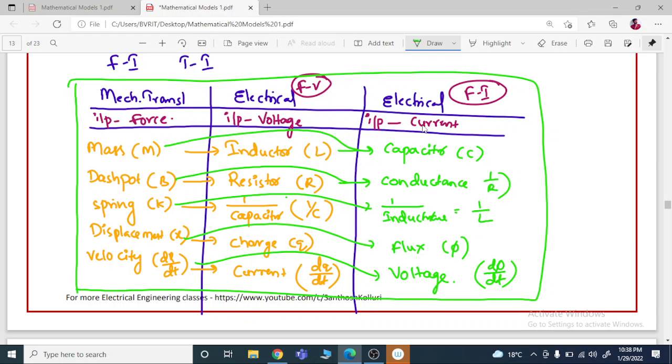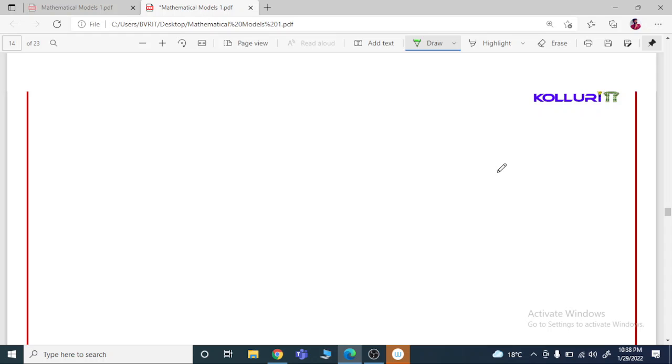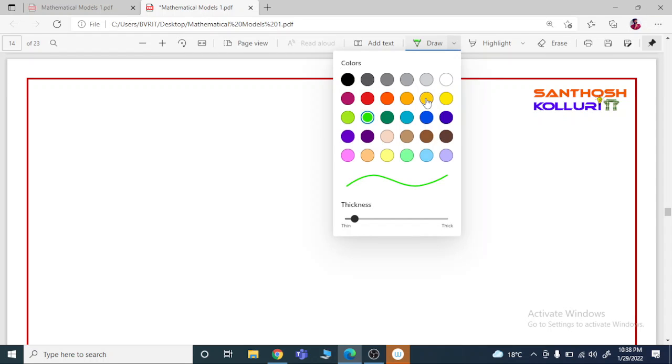So similarly, we can write for mechanical rotational systems, that also we can make into a tabulation.